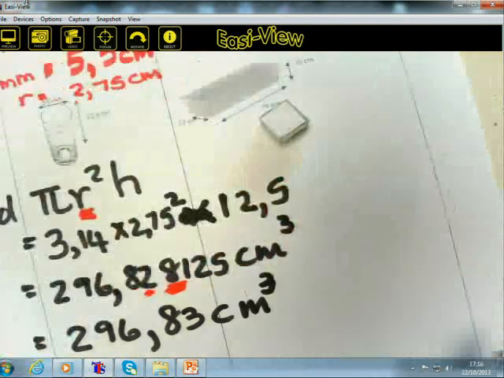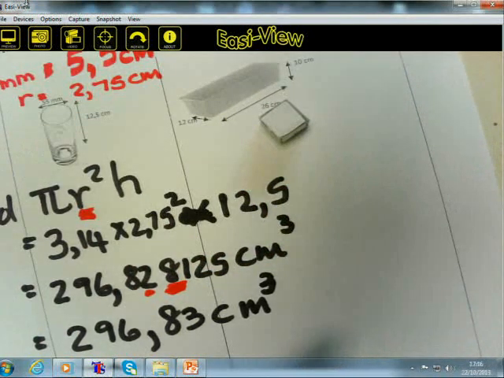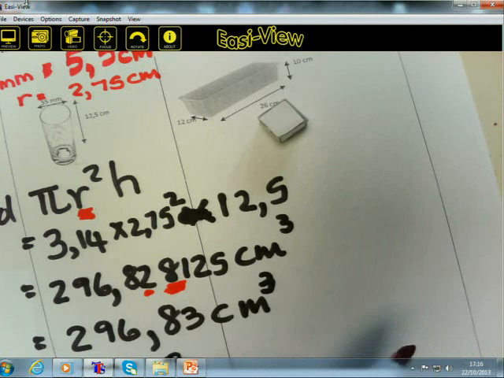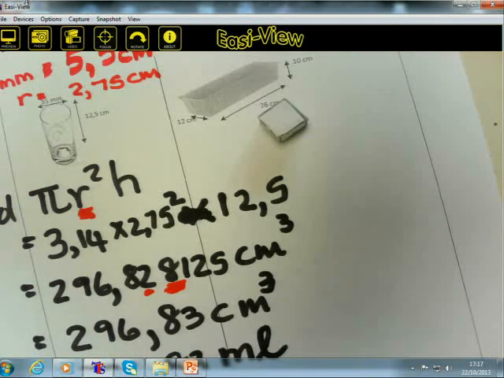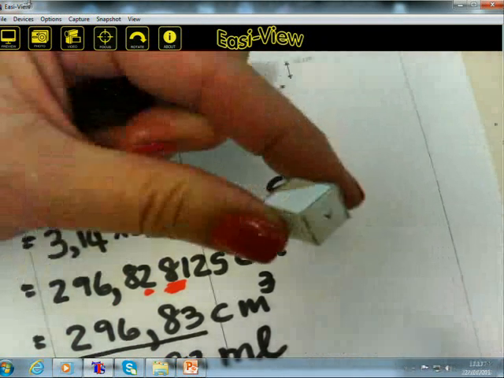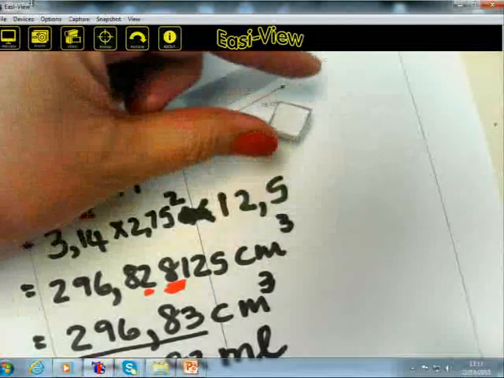So what can I do? I use the same answer, 296,83 cubic centimeters is the same as 296,83 milliliters. Can you see the answer is exactly the same? This one is cubic centimeter and it's 1 milliliter.